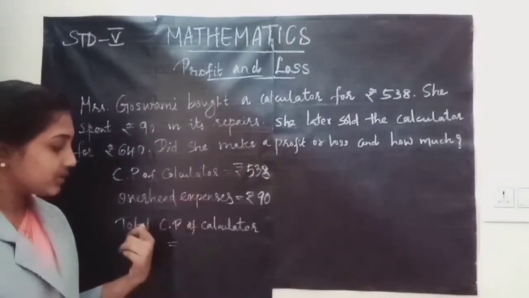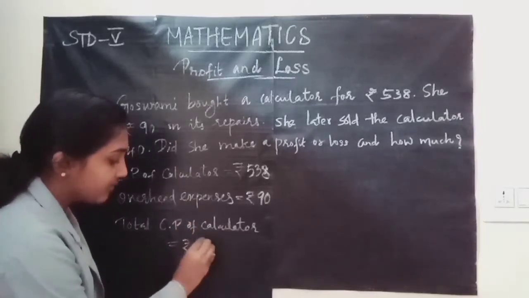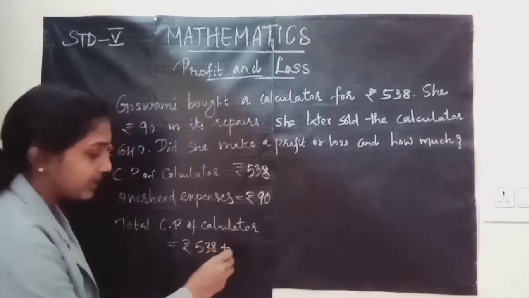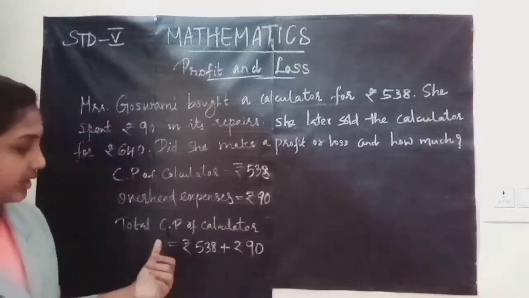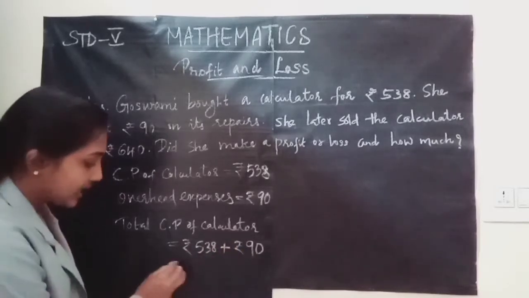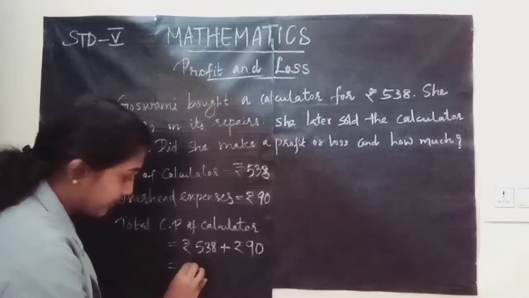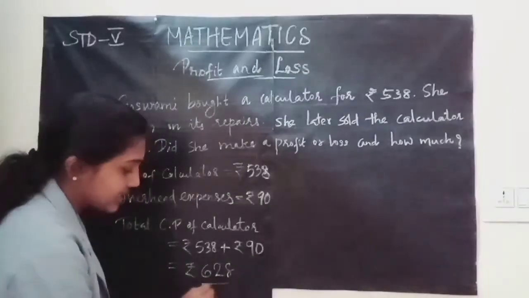So the total cost price of the calculator is equal to rupees 538 plus rupees 90, which is equal to rupees 628.